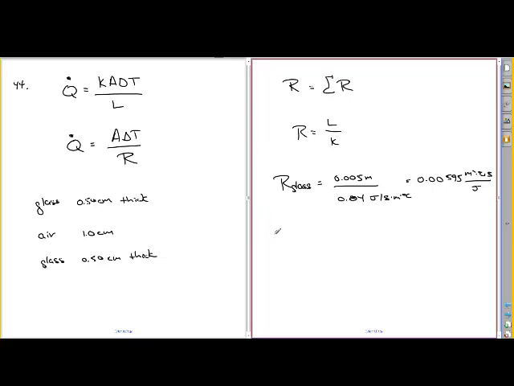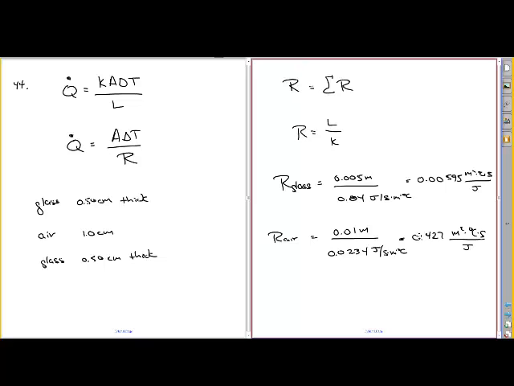So that's for the glass, and we have that twice. Then for the air, the thickness of the air is 1 centimeter, which is 0.01 meters. The thermal conductivity for air is 0.0234 joules per second meter degree C. So 0.01 divided by 0.0234 is equal to 0.427 meters squared degree C seconds per joule.